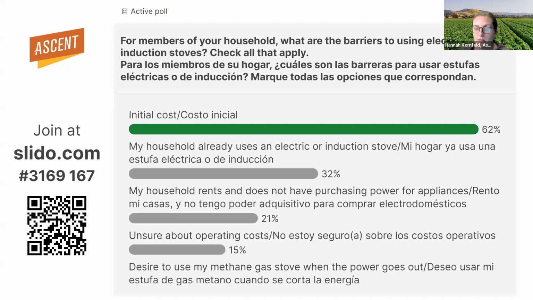Also seeing a good number of responses from folks who rent and don't have the purchasing power for appliances, and some folks that are unsure about operating costs. Initial cost is still coming in at 59%, and I think we've got critical mass there, so we'll move on to our presentation, and back to you, Cora.